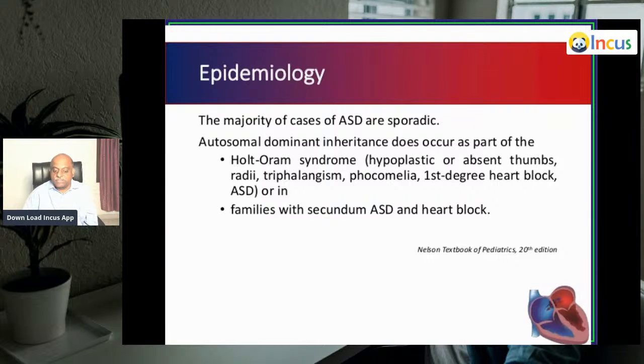The majority are sporadic, but sometimes they can be genetic, like Holt-Oram syndrome, where patients have a hypoplastic or absent thumb, radius, phocomelia, first degree heart block, ASD. Similarly, families who have secundum ASD also have heart block.